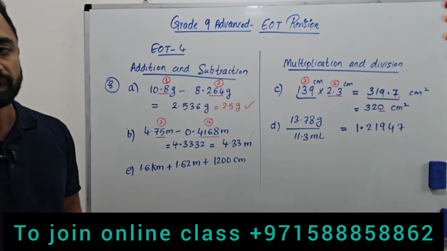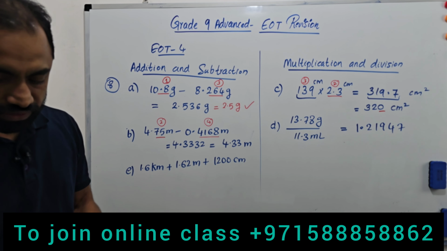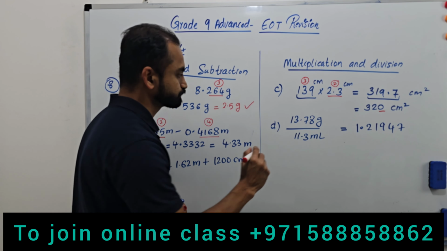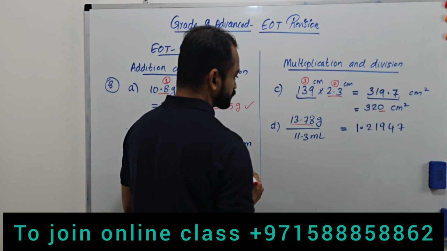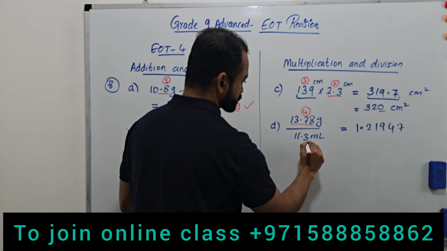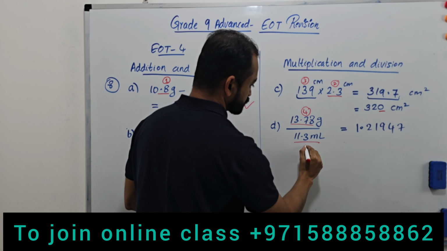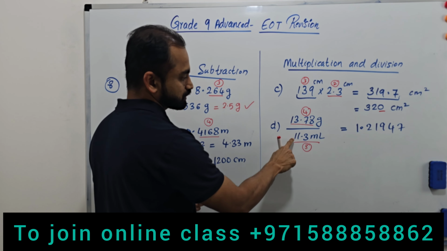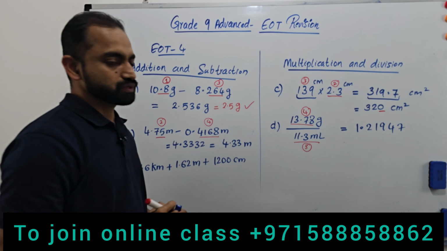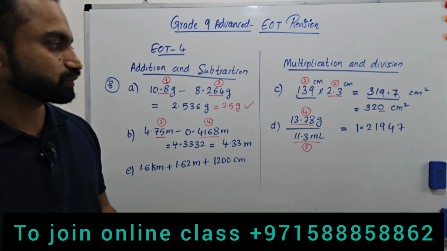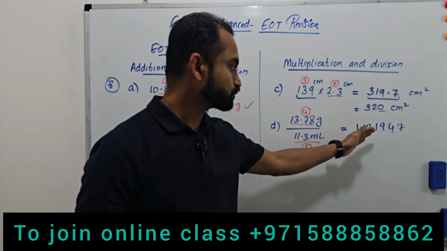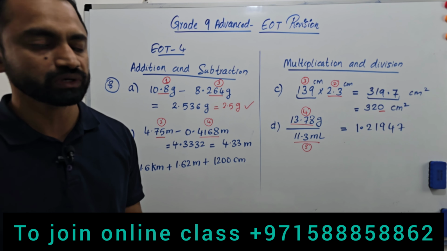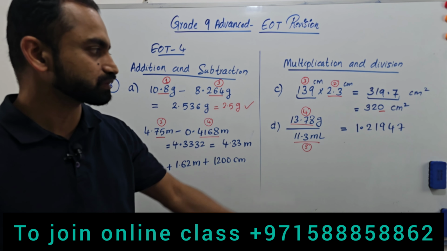See here, how many significant figures in this? 4. How many significant figures here? 3, 11.3 has 3 significant figures. So you need to round your answer to 3 significant figures. How will you round the answer to 3 significant figures?